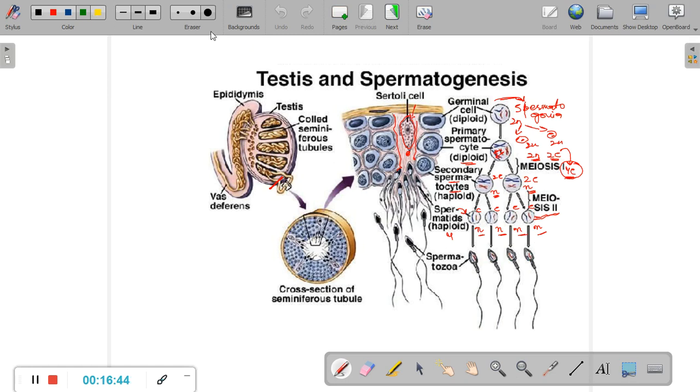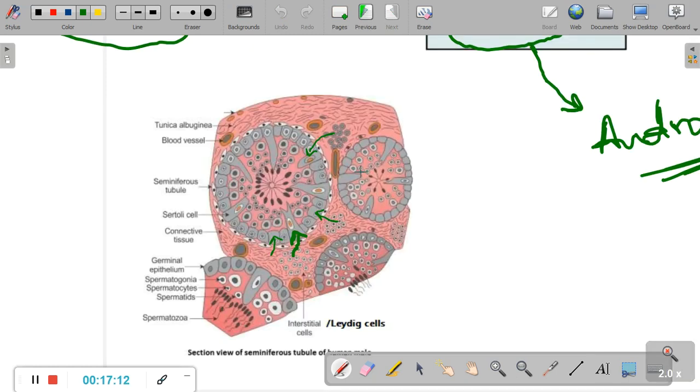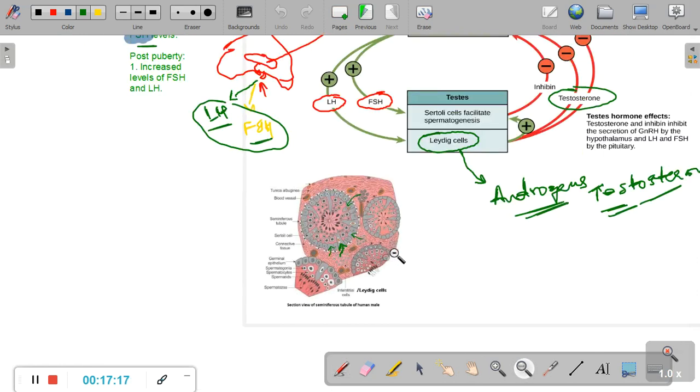Here, the testosterone will instigate the germinal epithelium cells, the spermatogonia, to start multiplying, and they will make primary spermatocytes. The testosterone hormone will also instigate the spermatocytes to undergo meiosis, and as a result of the entire process we will get spermatids. So testosterone basically initiates cell division, both mitosis and meiosis, inside the seminiferous tubule.